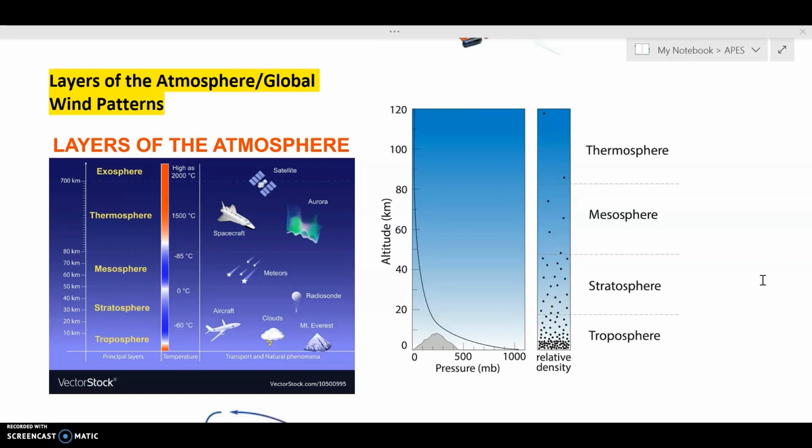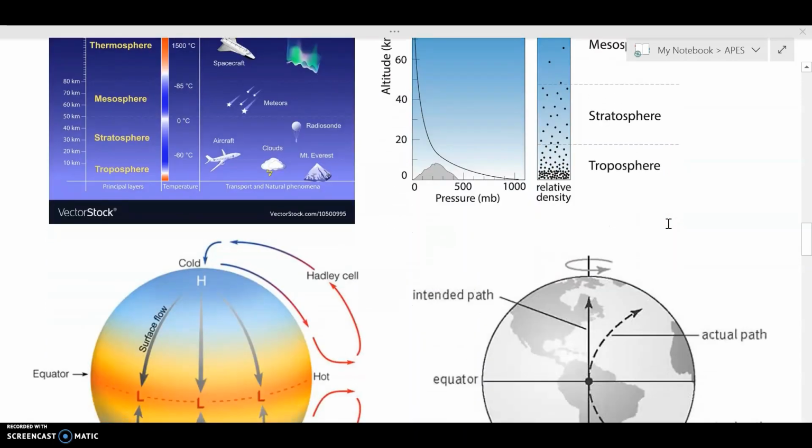But that's on a very small scale. The air really thins out the higher and higher you go, to where in the thermosphere there's really no atmosphere, even though they consider it to be a part of the atmosphere.